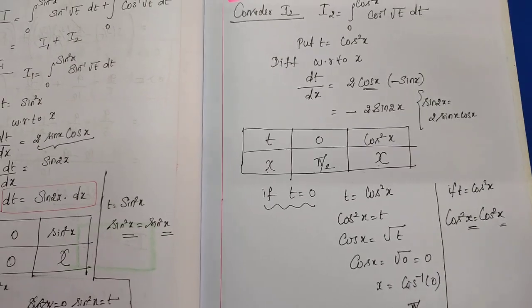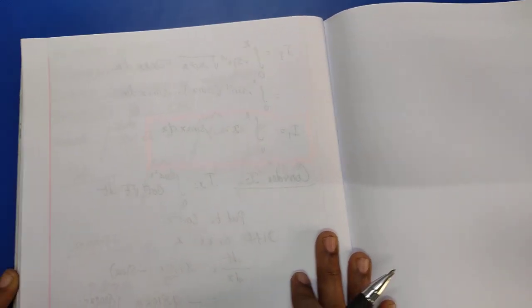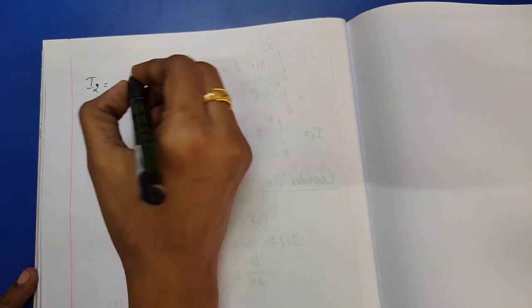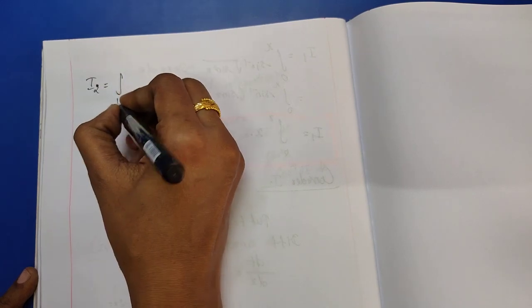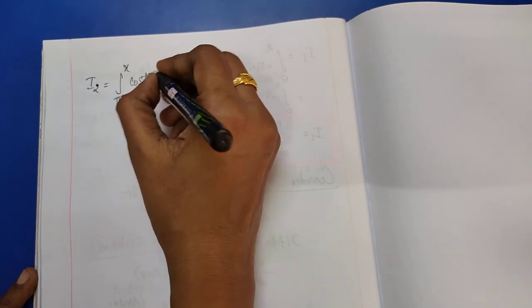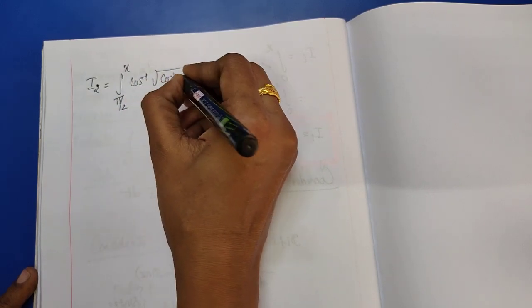Now our I2 becomes integral with the limits pi by 2 to x of cos inverse root of cos square x.